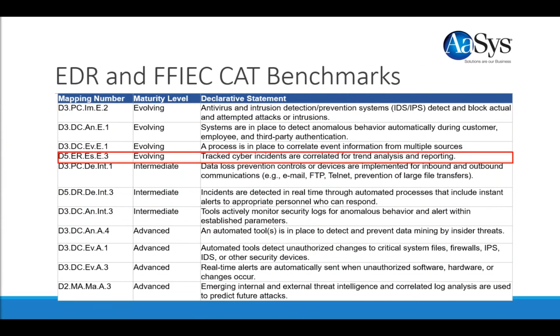Here for evolving maturity, tracked cyber incidents are correlated for trend analysis and reporting. There's that correlation that EDR provides. When you get to intermediate maturity level, you have requirements for data loss prevention, real-time incident detection, and monitoring for anomalous behavior, all of which are capabilities of a good EDR platform.